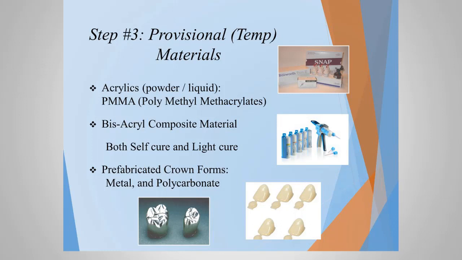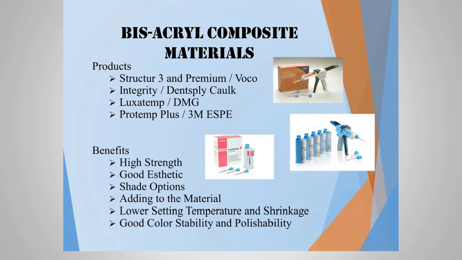I typically like to use those just to get me shape and form before I take an impression for the temporary matrix. I think that the bis-acryls do a better job. You have a better chance of making temporaries that are more tooth-like in terms of function and in appearance with these types of materials than you do with the preformed crowns, whether they be the metal or the polycarboxylate.